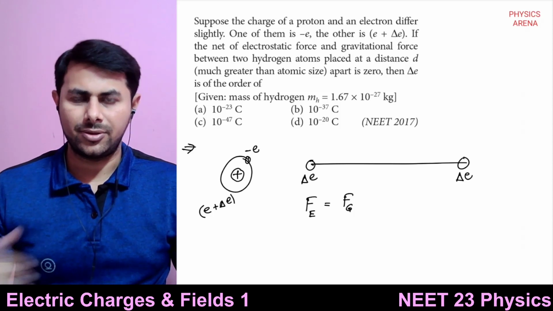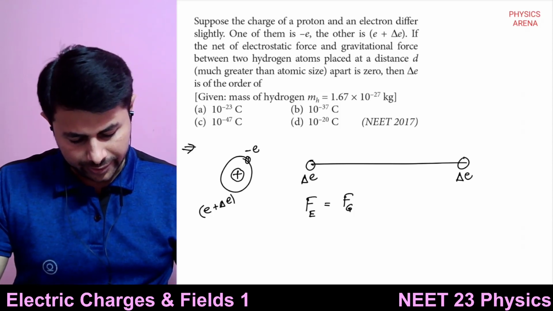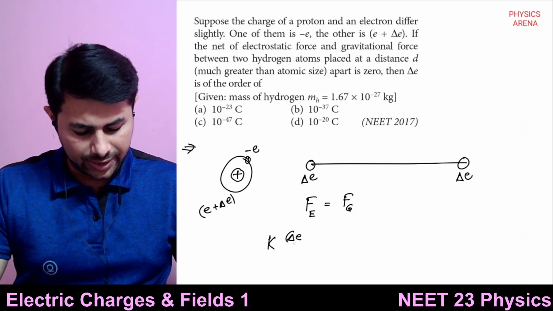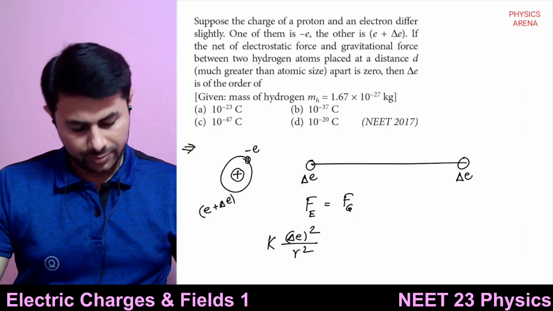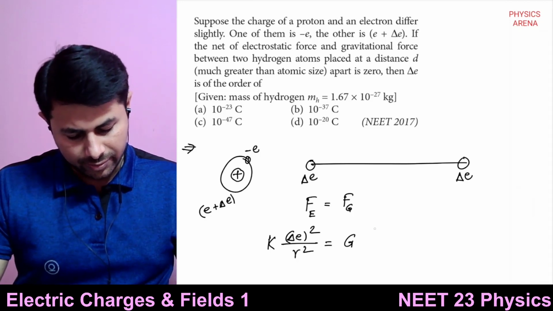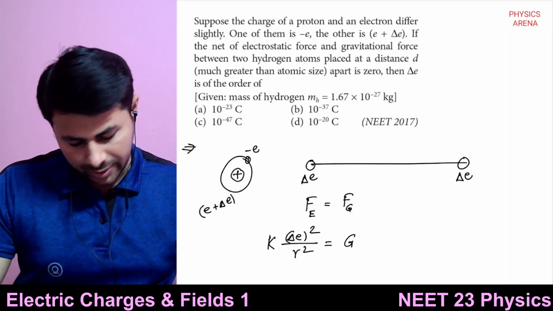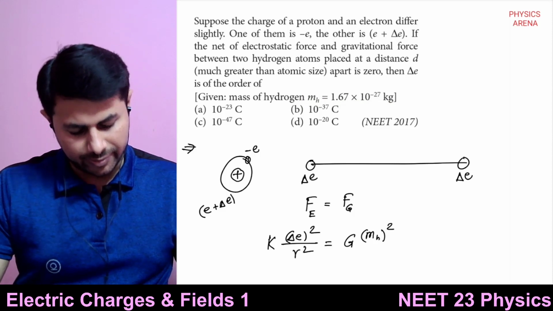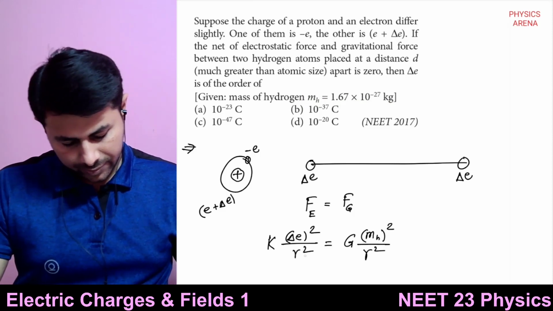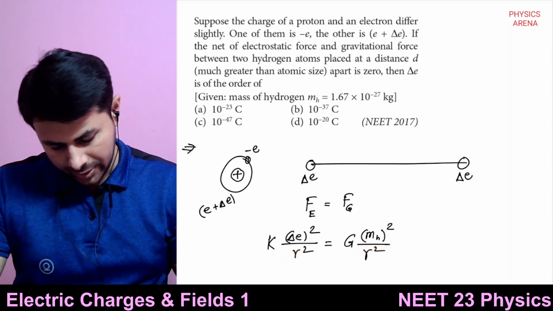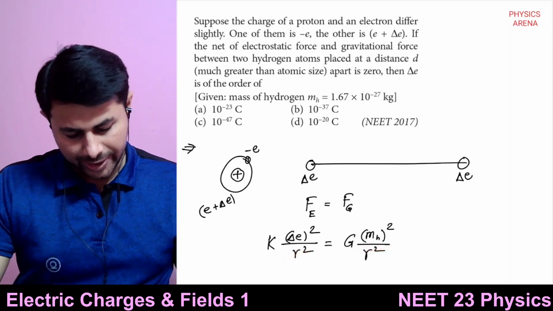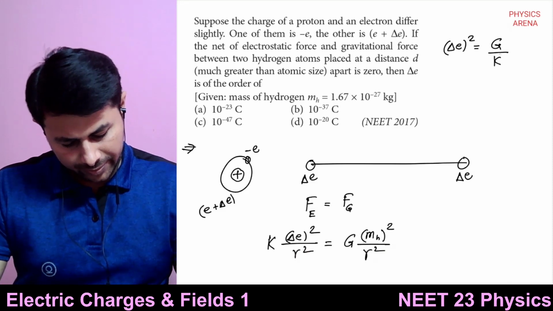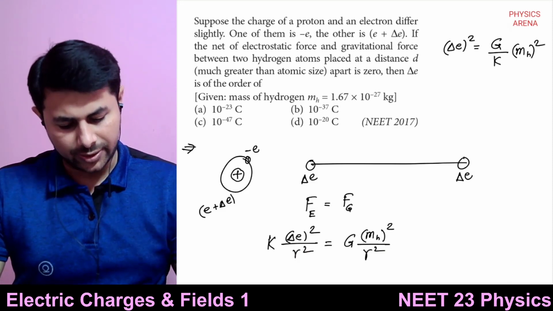One is attractive, one is repulsive, so they will cancel out each other. Okay, so this is K multiplied by Q1 Q2, which is delta e into delta e divided by r square, and the gravitational force is G multiplied by m1 m2 upon r square. It's given that the mass of hydrogen is this much. Okay, so mH square, mass of hydrogen square, upon r square. So r square and r square get cancelled out, and we want to find delta e. So delta e square is equal to G divided by K multiplied by mass of hydrogen square.